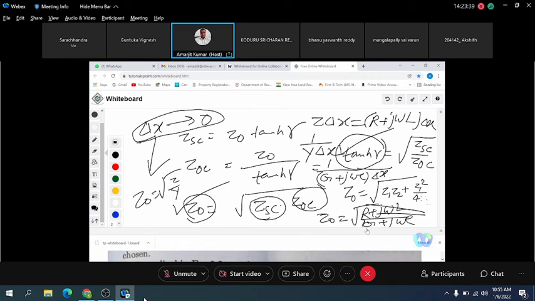But remember, Z and Y are in terms of per unit length of the transmission line, for the infinitesimally small section, delta x tends to 0.